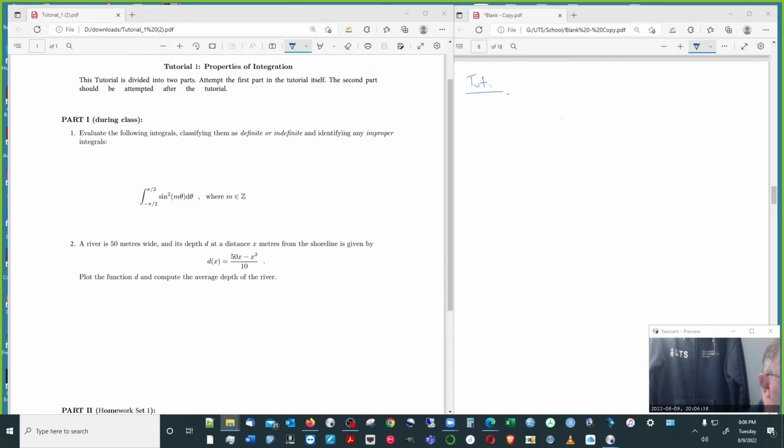Alright, so I gave us a couple of difficult ones just so we can have a look at them, I guess, would be helpful. It wants us to classify this particular integral as whether it's definite or indefinite. And it's got this twist in that it's got a recurrence formula. Essentially, that's the recurrence formula.